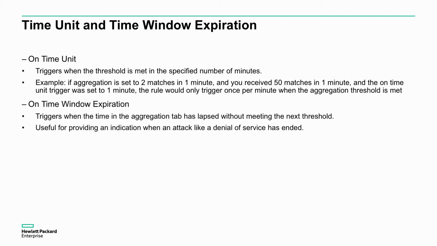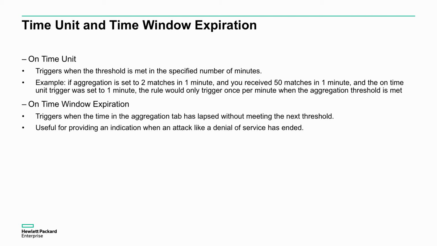Time window expiration will trigger when the time in the aggregation tab has lapsed without meeting the next threshold. So it's really good at providing an indication when an attack like a denial of service has ended. Not when it started, but when the frequency of the aggregation over a particular time period gets to the next threshold.